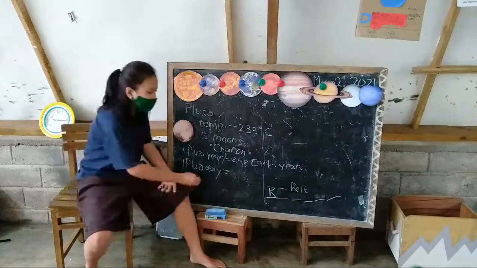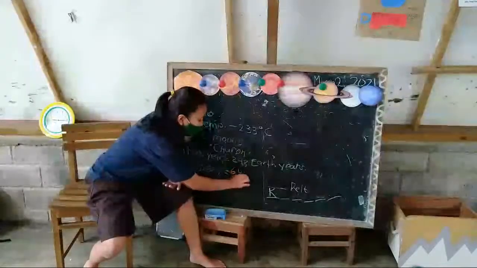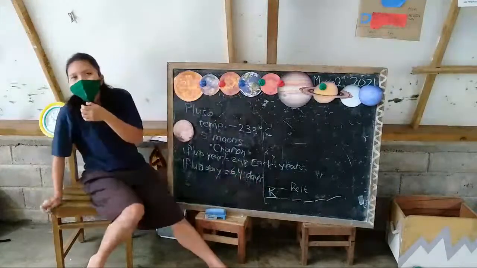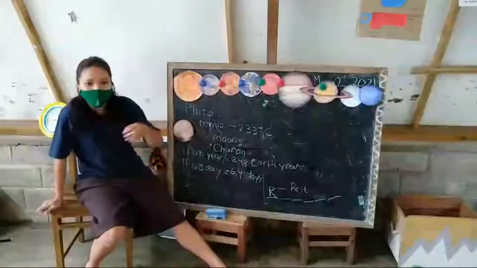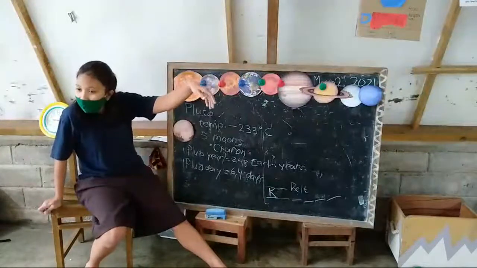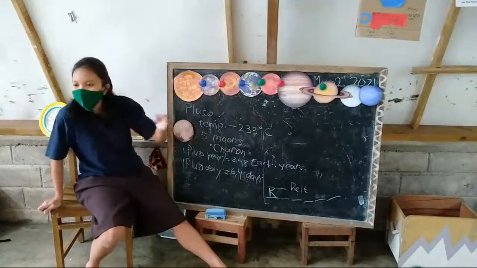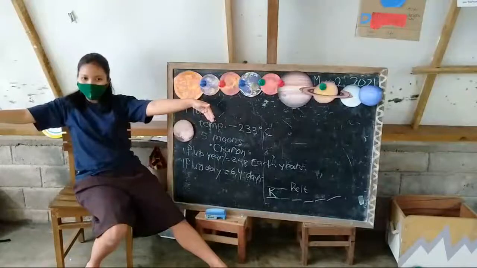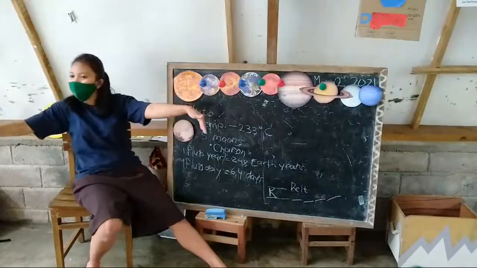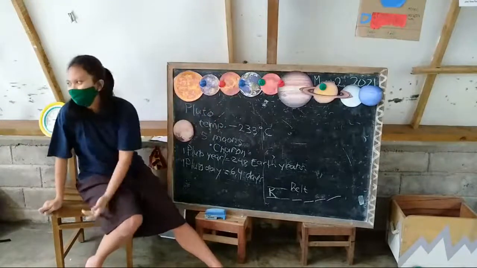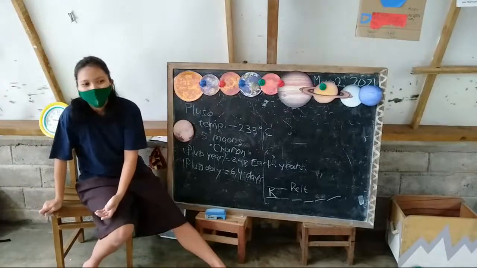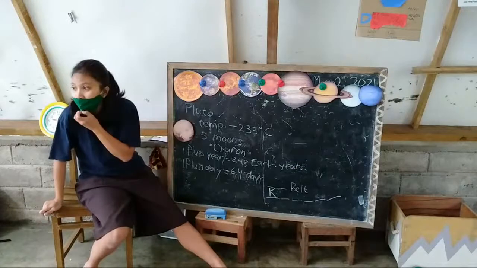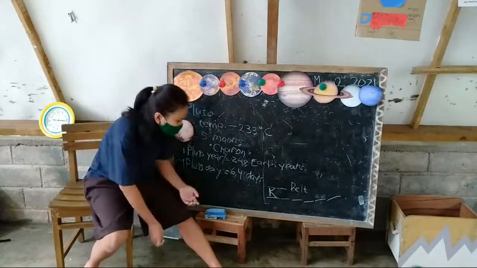So 1 Pluto day equals 6.4 days on Earth. So when we count from Monday, then 1 day on Pluto will be on Saturday. From Monday to Saturday, it is only 1 day on Pluto. So slow.